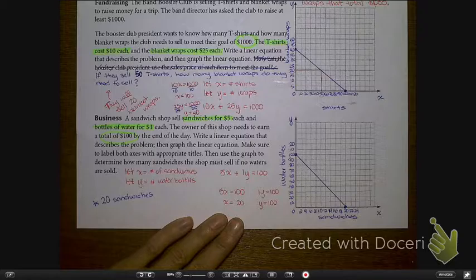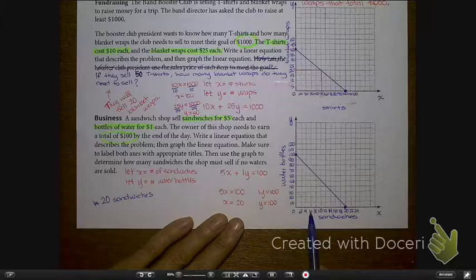Okay, what if I asked you how many sandwiches do they need to sell if they sell 70 water bottles? You would go to 70 on the water bottle side, go over, and then go down. How many sandwiches is that? 6. Is this making sense how we use a line to help us answer questions?